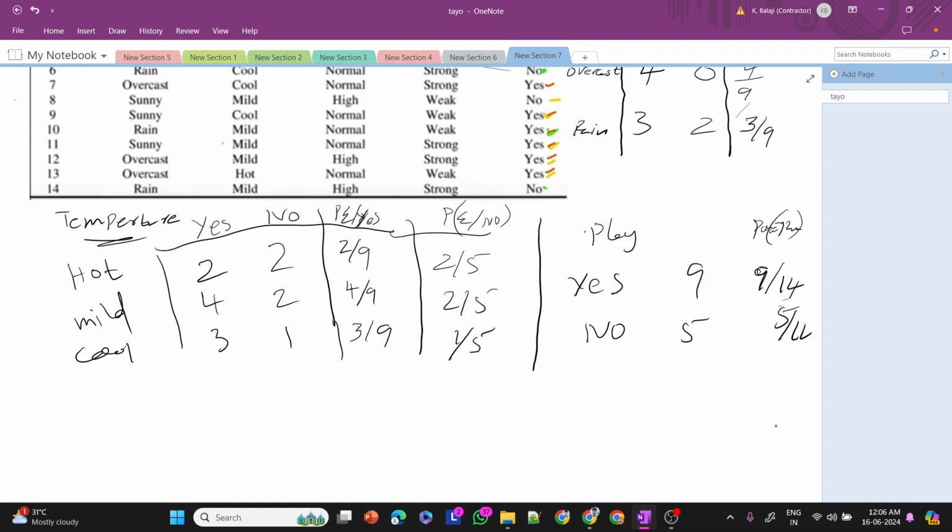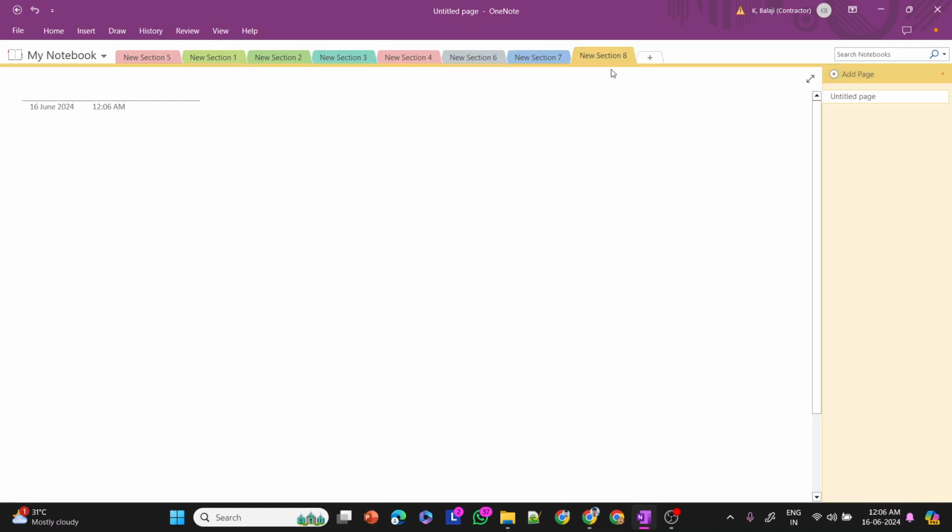Okay, by using this data, let's compute the output using the Bayes theorem. The Bayes theorem says that, we know the Bayes theorem formula.